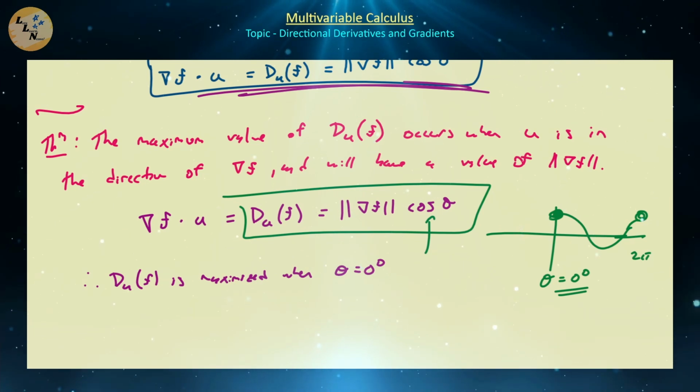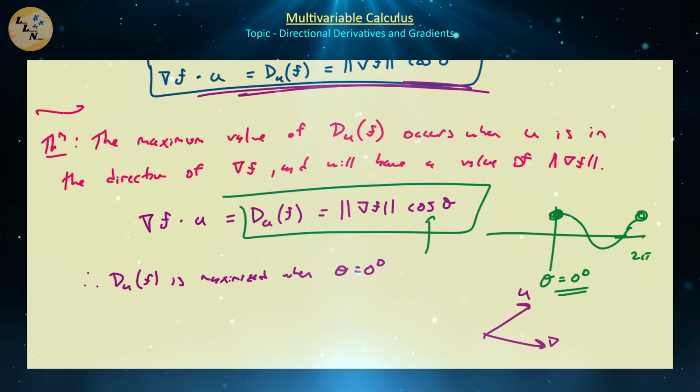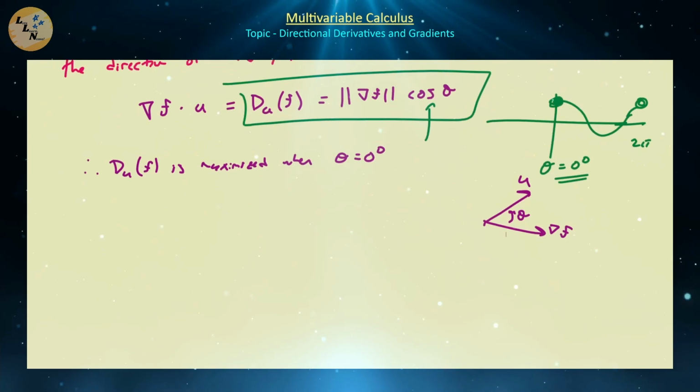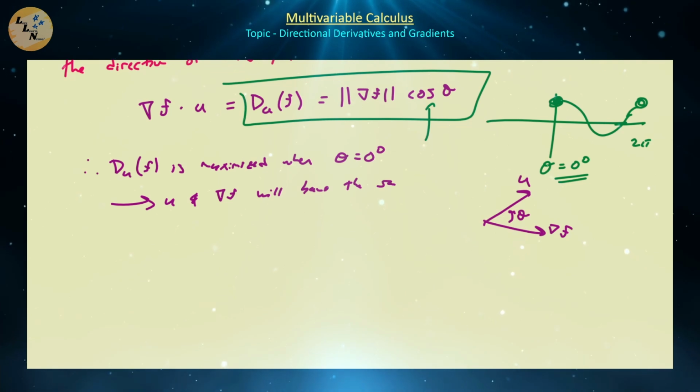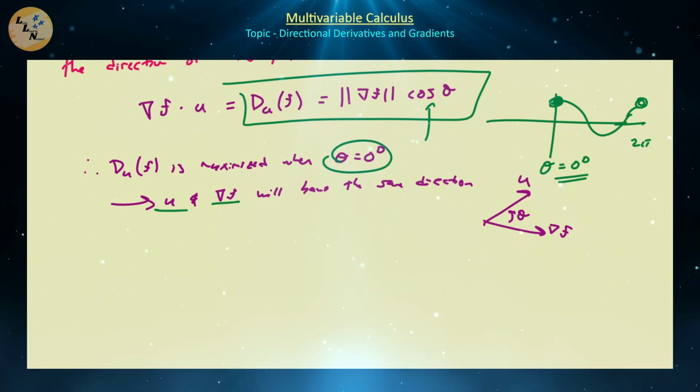Right? And if theta is equal to 0 degrees, keep in mind, this is u, and this is the gradient of f, and this is the angle between them. If theta is equal to 0 degrees, that means u and the gradient of f are in the exact same direction. So when u and the gradient of f have the same direction, i.e. when theta is equal to 0, what do we have?